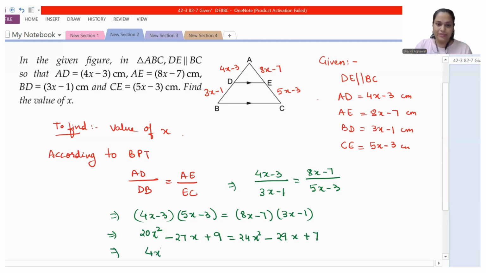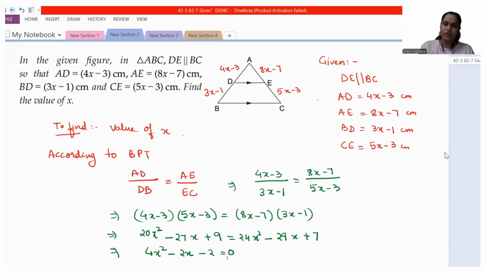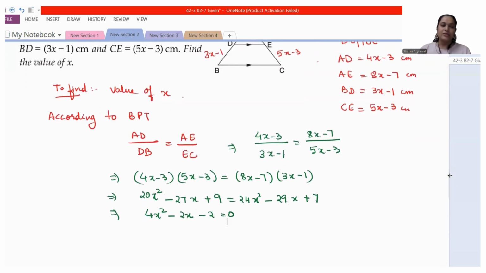So I'll get 4x square minus 2x minus 2 equal to 0. If I am not wrong, 4x square minus 2x minus 2 equal to 0. Yes, so I can take 2 as common: 2x square minus x minus 1 equal to 0.